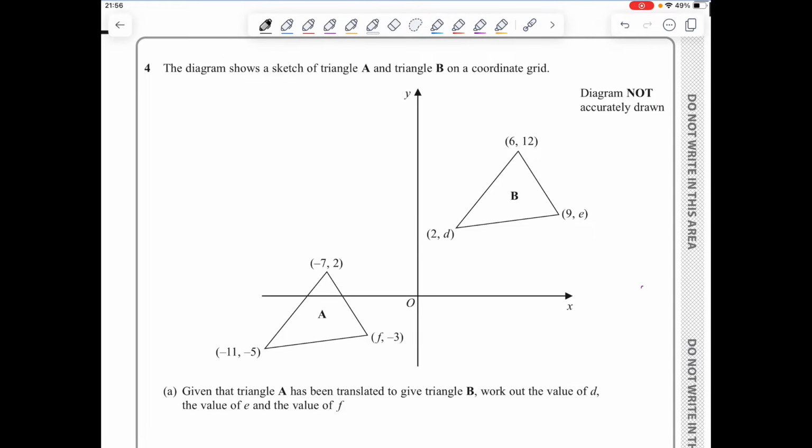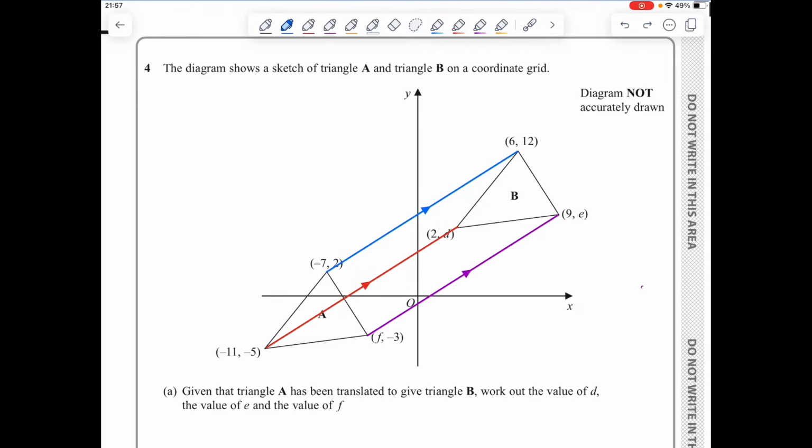An easy way of doing question 4 is to find the vectors that connect the 3 vertices of the triangle, and these vectors are the following. Note that these vectors are parallel, and I'm going to use the blue one to find the x and y component of the vector.